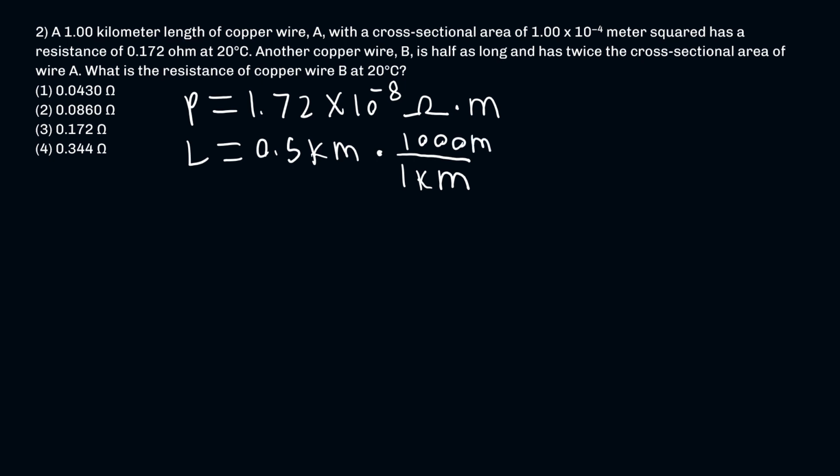All right, so if we do the quick conversion, 0.5 times 1,000, my kilometers end up canceling out because you have kilometers on top, kilometers on the bottom. 0.5 times 1,000 should give me 500 meters.